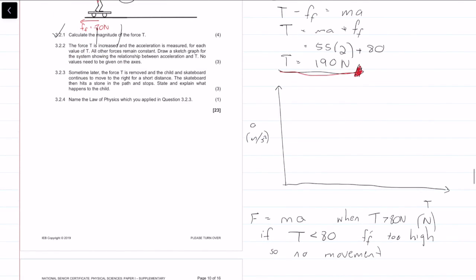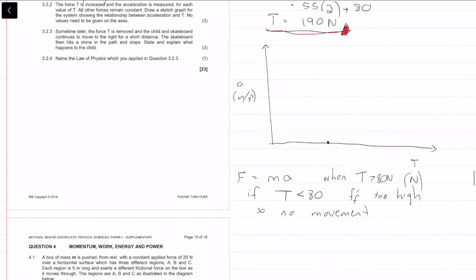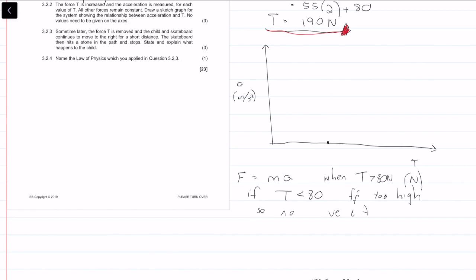So we know that we're not going to start at the origin. We're going to start at some point here. It's going to be at about 80 newtons, but it doesn't ask for values, so it's going to be somewhere there. Let me also give myself a little bit of space. So no movement. When T is greater than 80, the relationship is that the force is equal to the mass times acceleration.